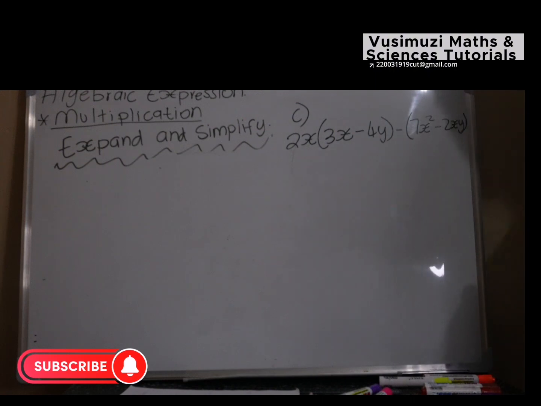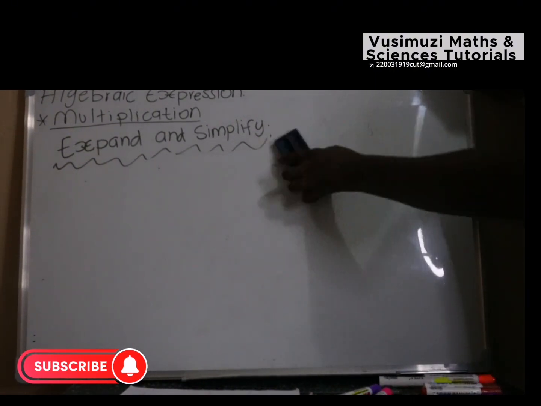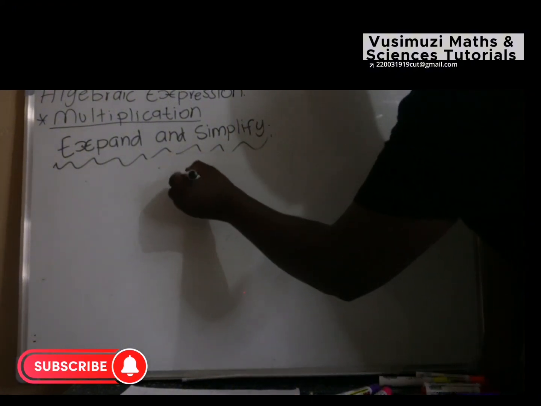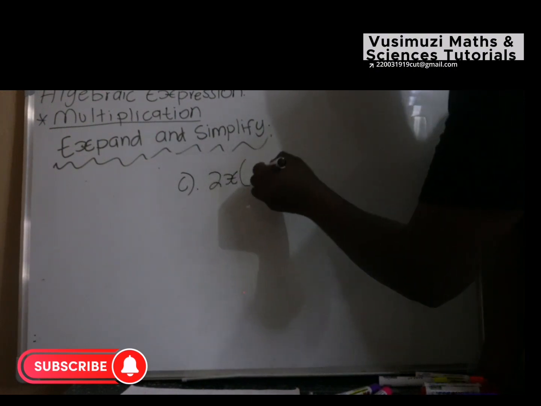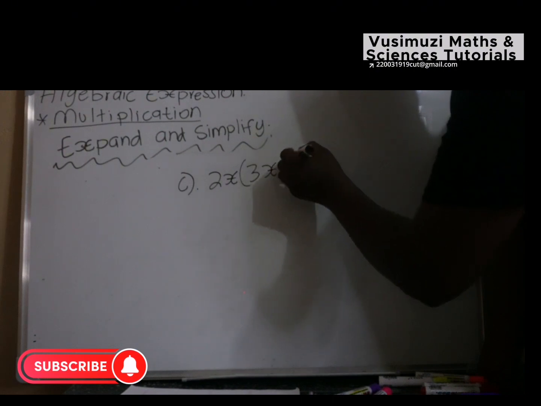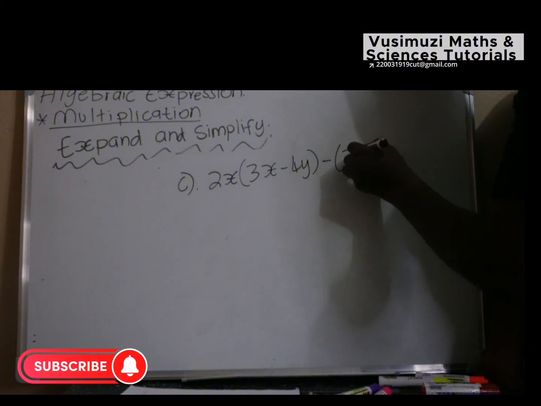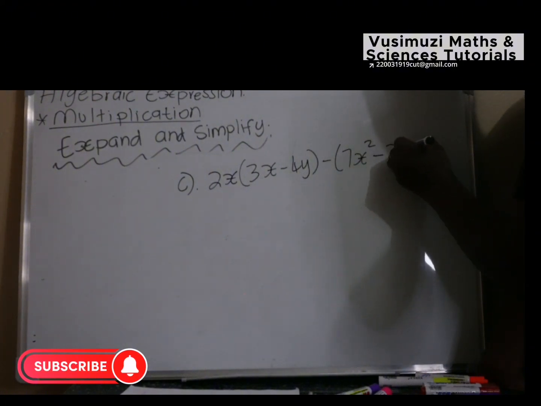Let me write it properly downwards here so you can see it properly. Number C: 2x into 3x minus 4y, minus bracket 7x squared minus 2xy.